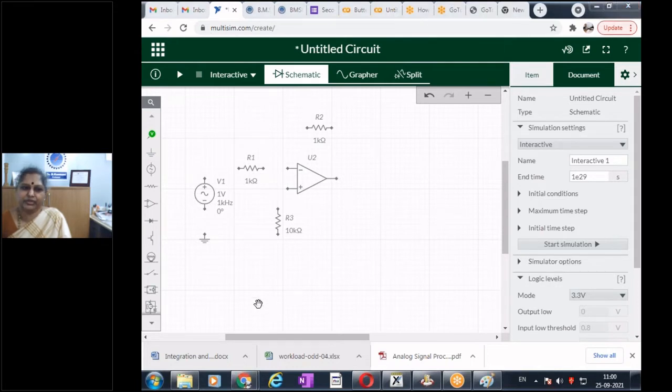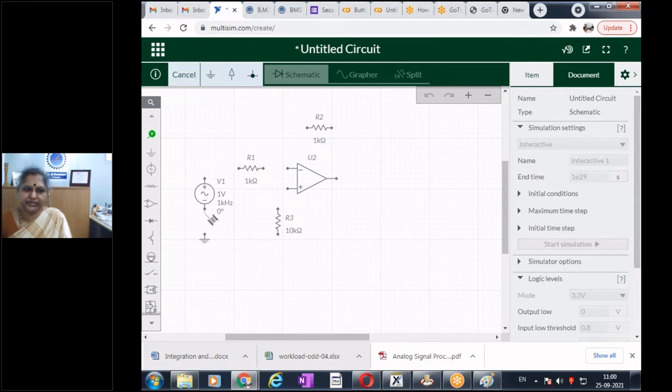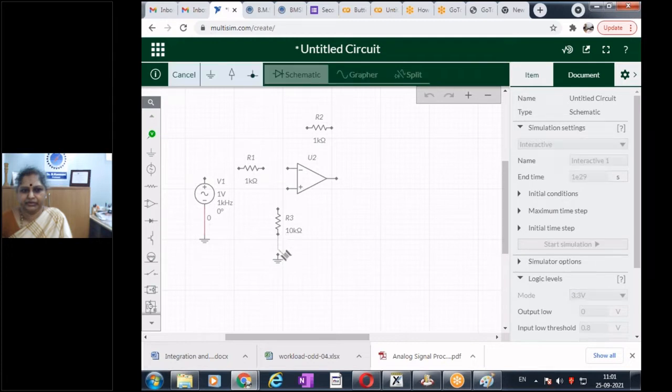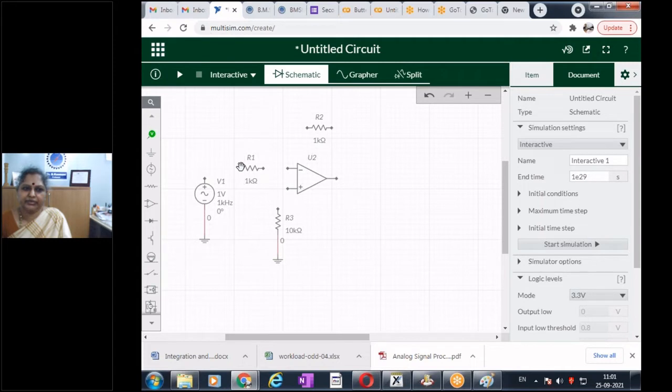And now let us do the wiring. When I take my cursor near the end of the signal generator, it becomes the wire spool. So I connect it. Let me put a ground here. Then I do the wiring here. I have an input. I connect it here.